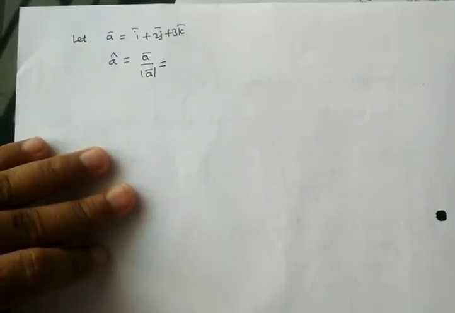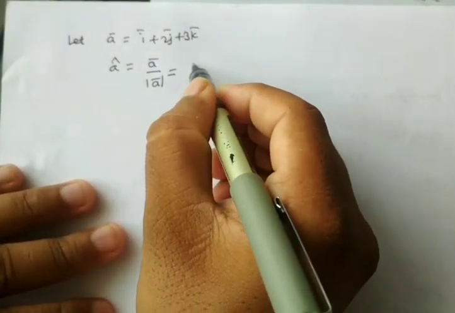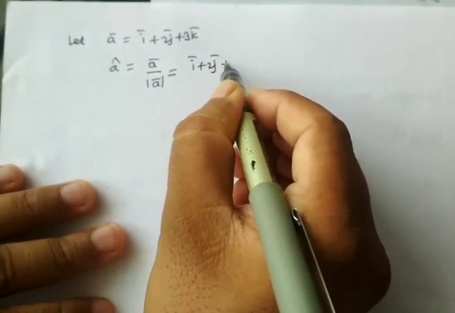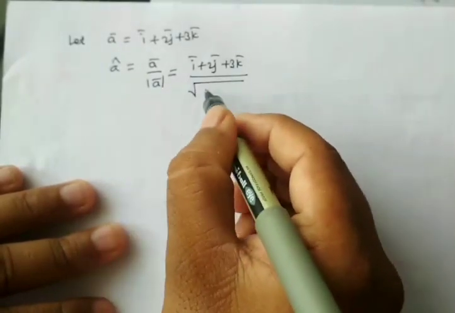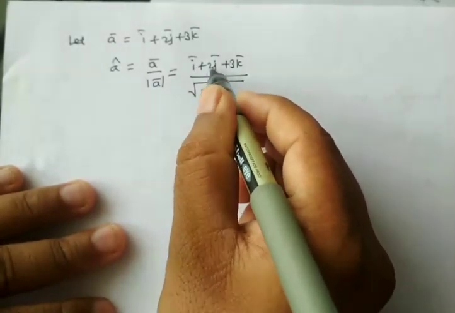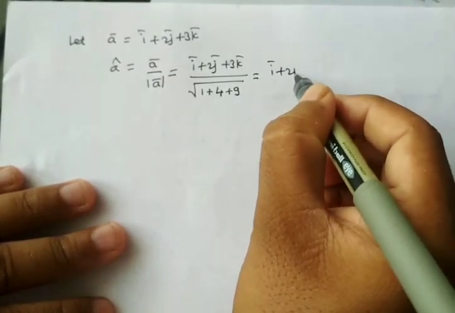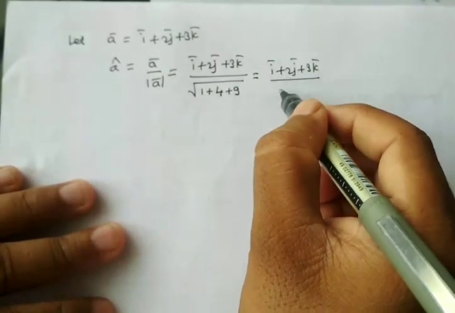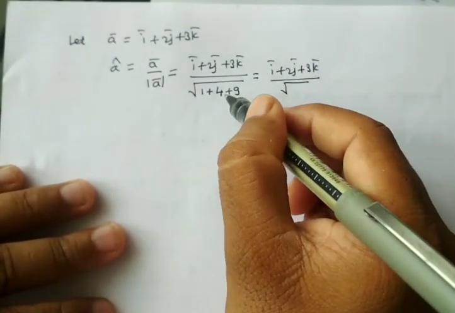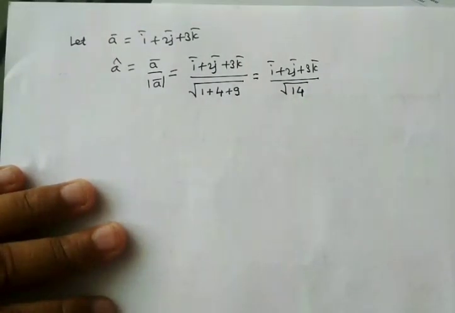The value of a bar is i bar plus 2j bar plus 3k bar, upon the magnitude of a bar, which is given by 1 squared, that is 1, 2 squared is 4, and 3 squared is 9. So i bar plus 2j bar plus 3k bar upon the square root of 9 plus 4 is 13, plus 1 is 14.